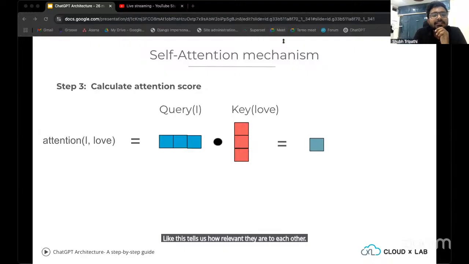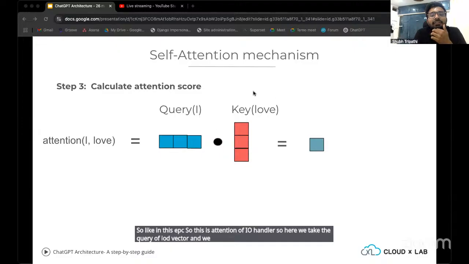In this, if we see, this is the attention of I and love. Here we take the query of the I vector and take the dot product of it with the key of the love vector, and whatever score it gives us will be of only one shape.